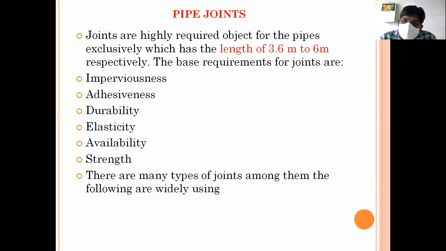When we categorized those desirable features, we saw 6 parameters: imperviousness, adhesiveness, durability, elasticity, availability, and strength. Once the joints fulfill all these parameters, we may go for the different types of joints that are available.